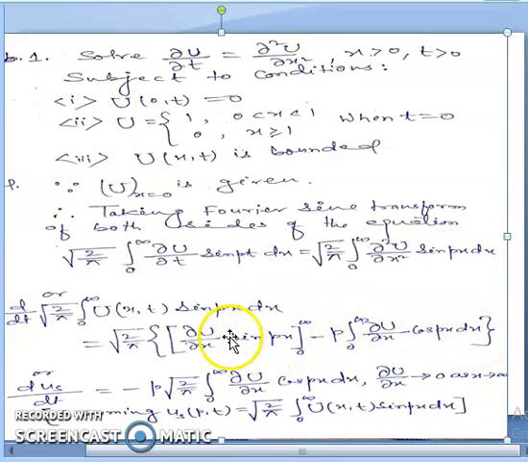Again the first part of the integral becomes 0, and the rest is multiplied here: minus p √(2/π) ∫₀^∞ ∂u/∂x cos(px) dx, provided ∂u/∂x tends to 0 as x tends to infinity, assuming that u_s(p,t) = √(2/π) ∫₀^∞ u(x,t) sin(px) dx.